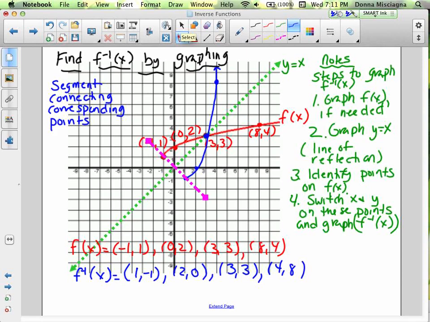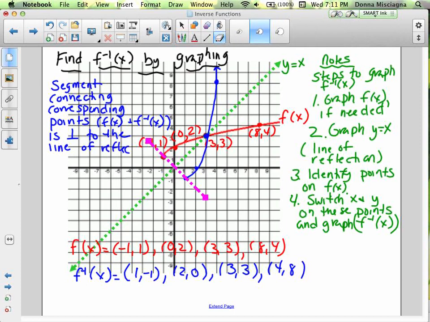This time our pre-image is f of x, and our image is f inverse. Right, so segment connecting corresponding points is perpendicular to the line of reflection. Oops, I'm going to have to move down a bit.